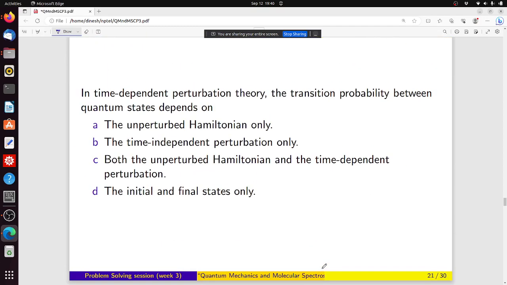Moving on to the next question. In time dependent perturbation theory, the transition probability between quantum states depends on... read this and give me the right answer.